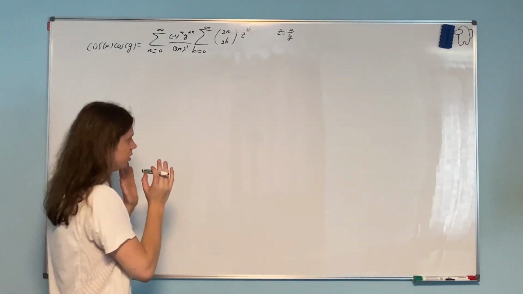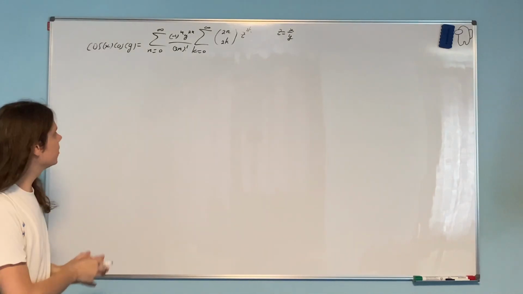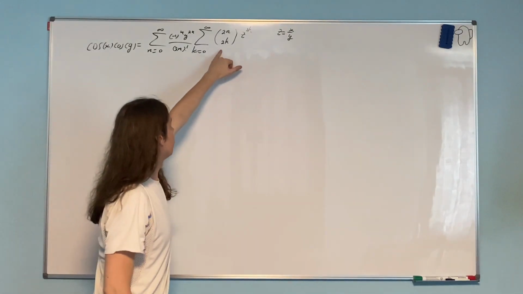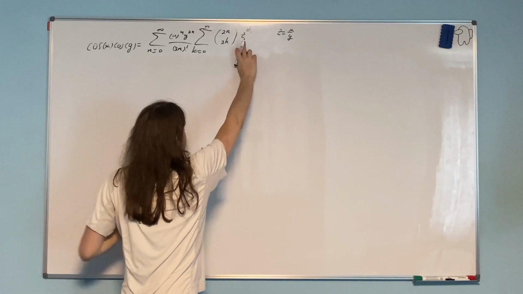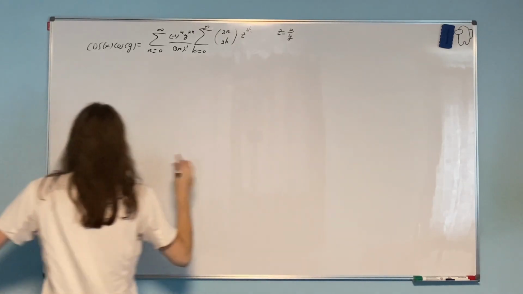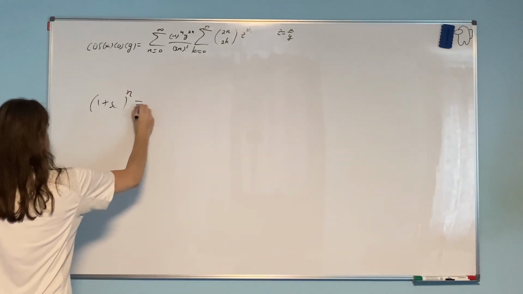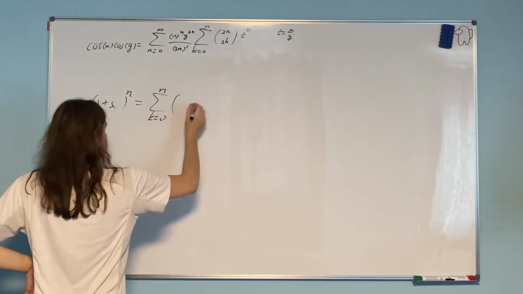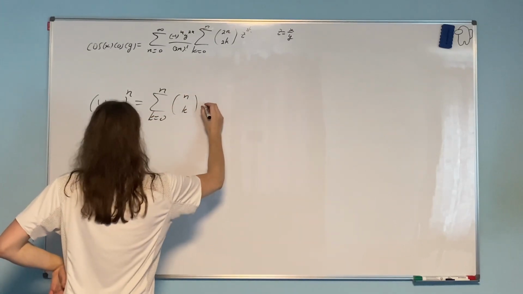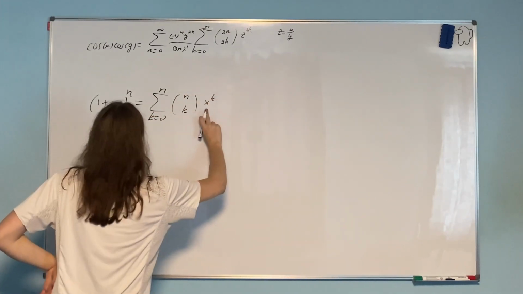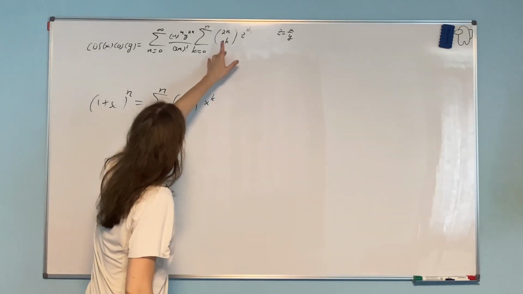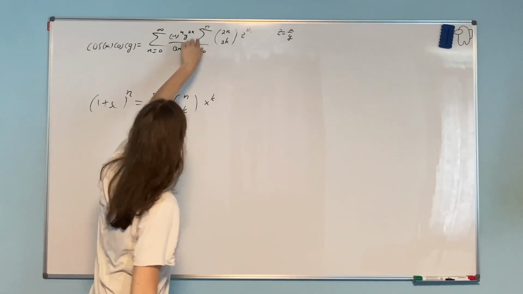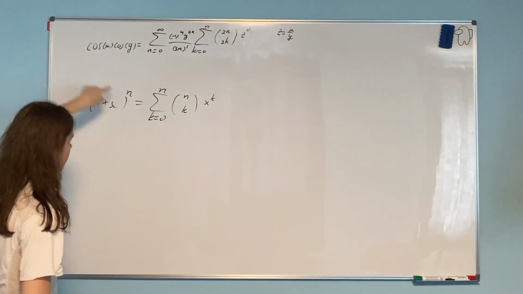But knowing how this worked out for the exponential function, and that we now have binomial coefficients and an incrementing power, and we know that 1 plus x to the n can be written as such a sum of binomial coefficients and an incrementing x power, we'd like to somehow express this sum as this instead.